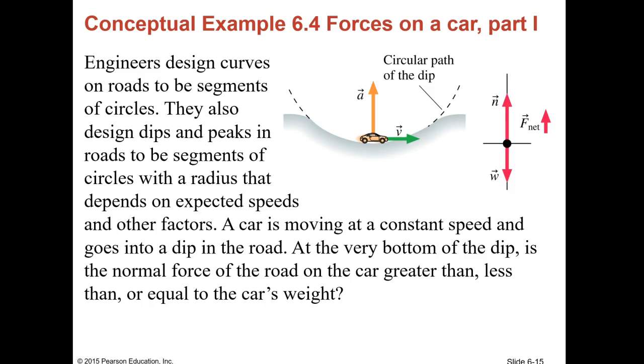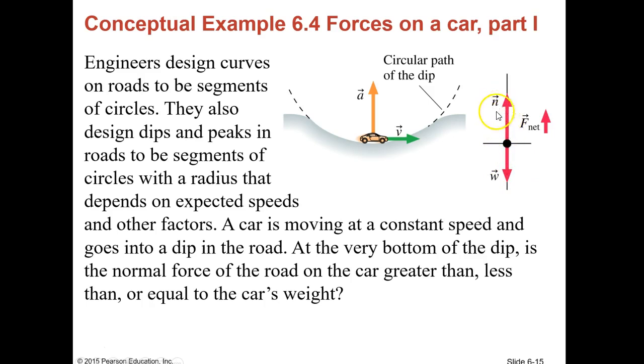Okay, so we have a car going with a tangential velocity in one direction. Its centripetal acceleration is going towards the center of the dipped curve. All right, so let's look at our free body diagram here. We have weight pushing down.